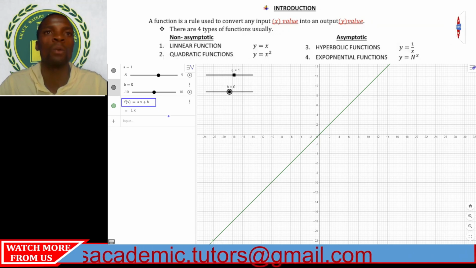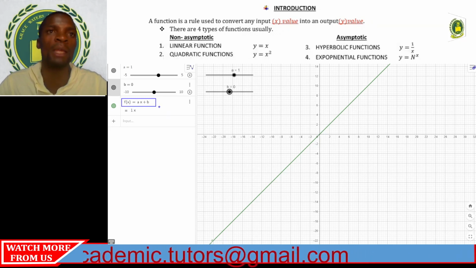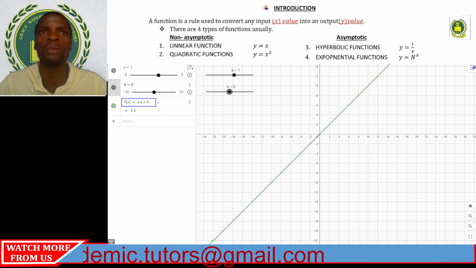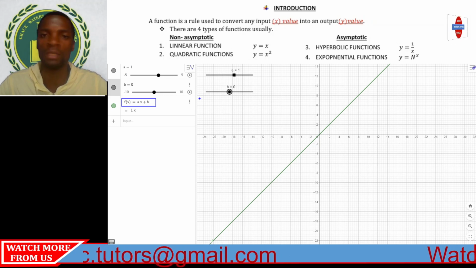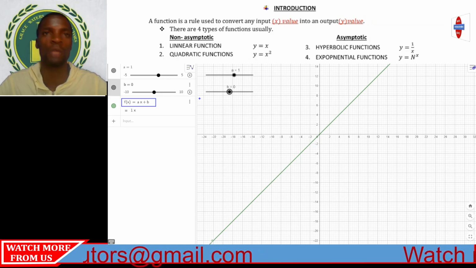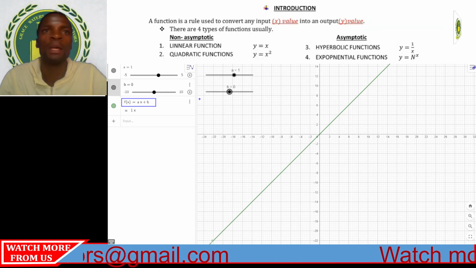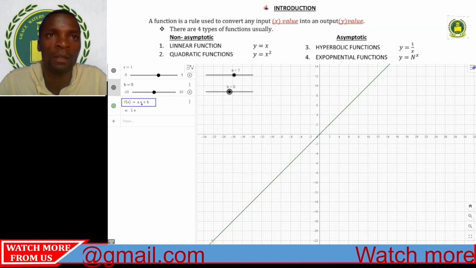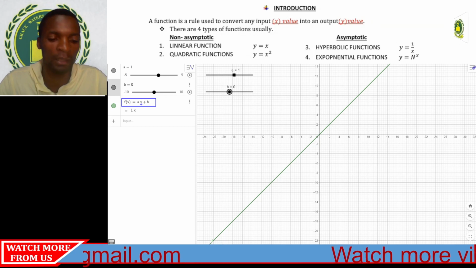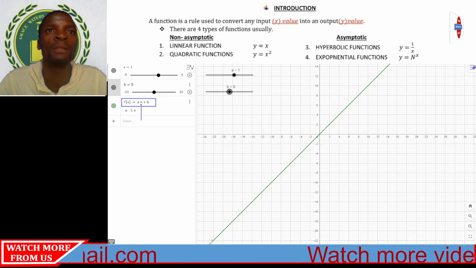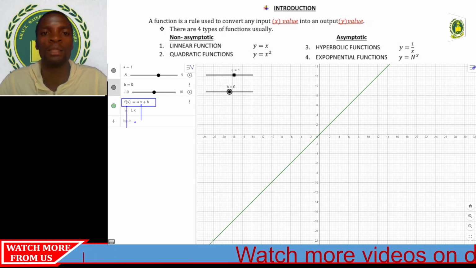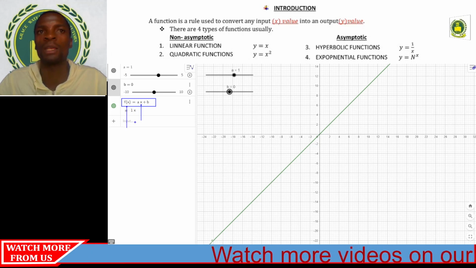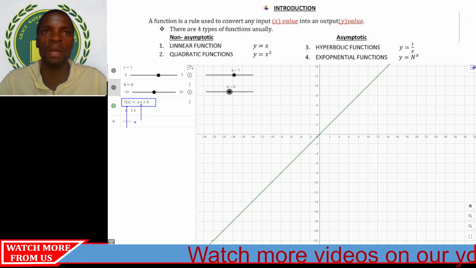All right, so at this moment this is a mother graph. Why? Let me show you that we can remove the function of b and a and remain with the same graph. So this is the graph of y equals x, which is a straight line. You can see we have an x there, and here we have f of x. f of x is y. So this is what we consider when we are talking about the mother function.